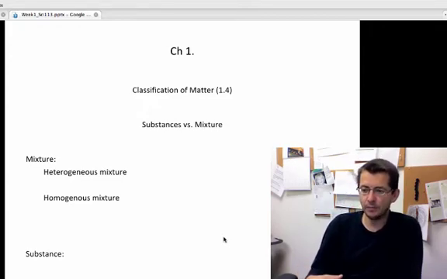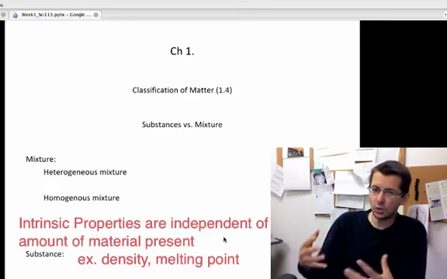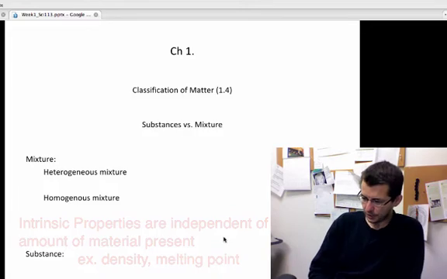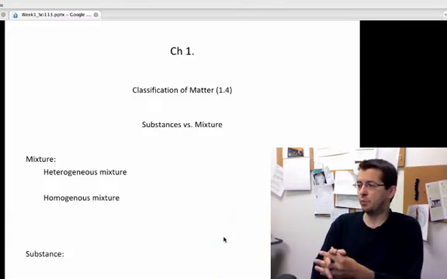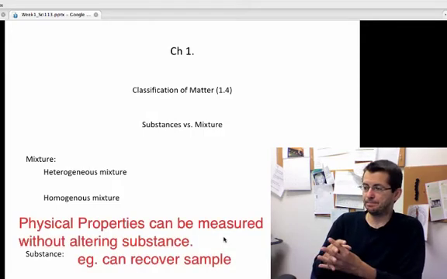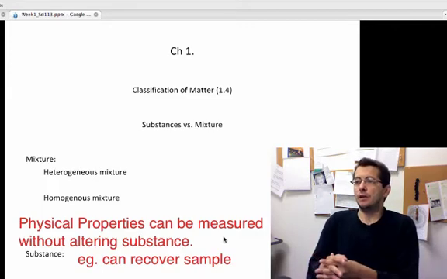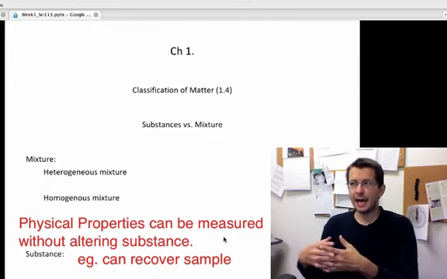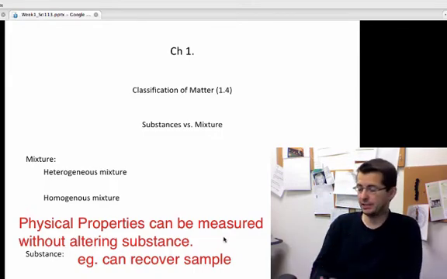What we often care about more are the intrinsic properties, those properties that don't change with how much material is present. And these properties come in a number of different flavors. One of them is the physical properties, which are those properties that we can measure without damaging or destroying or changing the material.